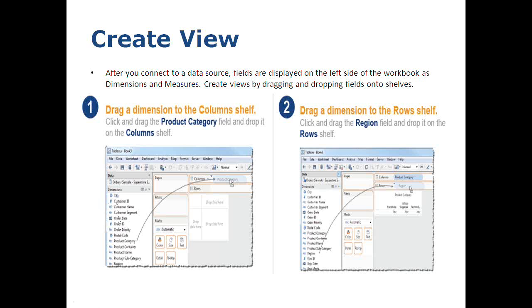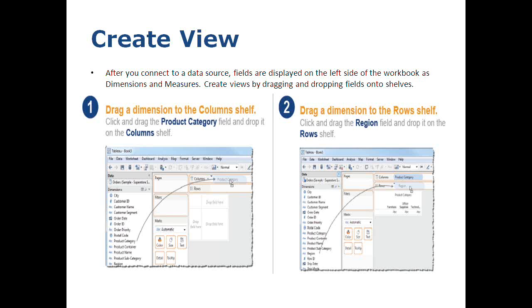Automatically, Tableau will identify from your table columns, by looking at the data type, which can be a dimension and which can be a measure. But it is not always true that whatever Tableau identifies is correct. You can move the columns from dimension to measure, or measure to dimension.